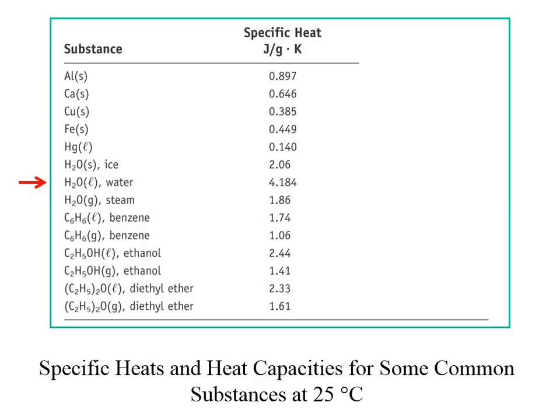And does this make sense? If you just glance at the numbers, 4.184 joules per gram degree Celsius, that's pretty high. Okay, what does that mean? It means you have to pump 1 gram of water with a lot of joules of energy in order for it to increase its temperature.